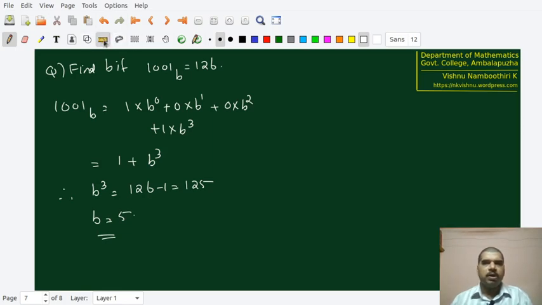Now we have a different question. The question is to arrange a few numbers given in another base in some order, ascending or descending.